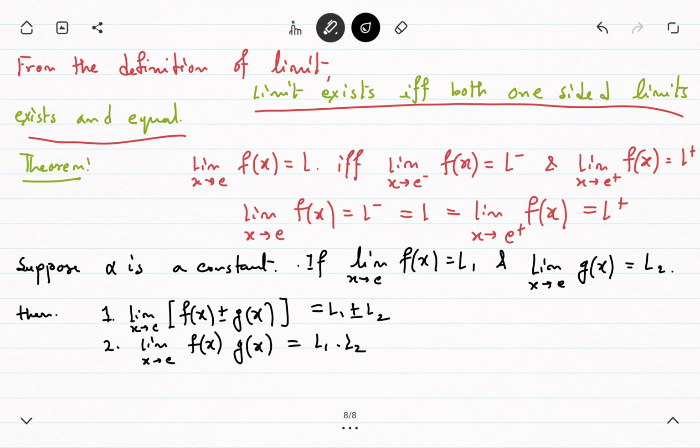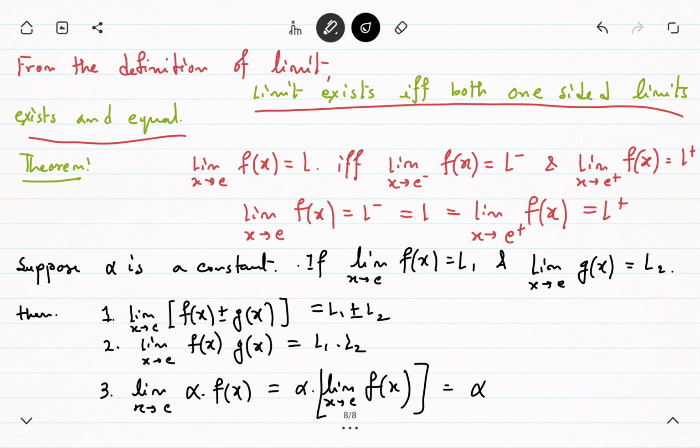And if I multiply some constant with my limit, what would it be? The limit as x tends to c of alpha times f of x will be alpha times the limit as x tends to c of f of x, and it will be alpha times L1. So this is the thing.